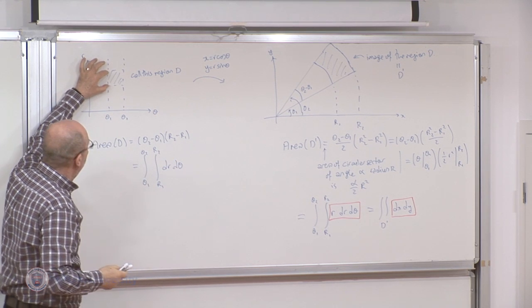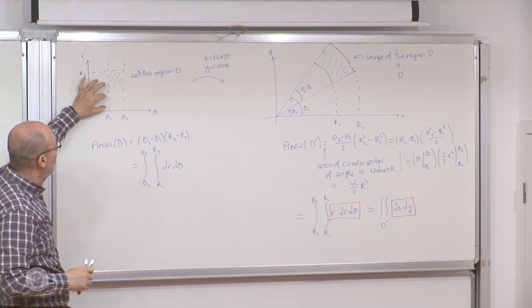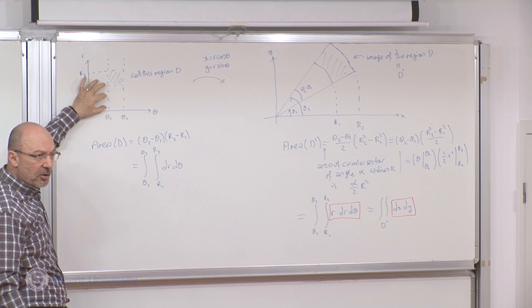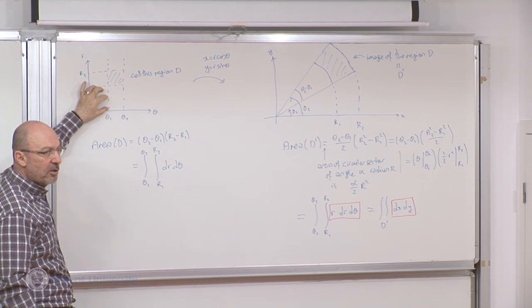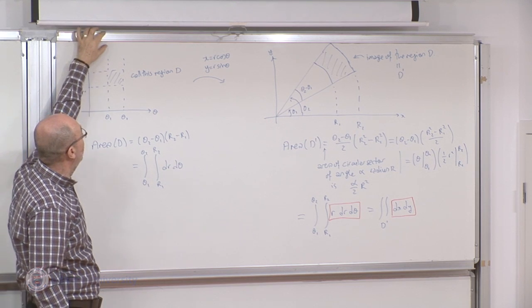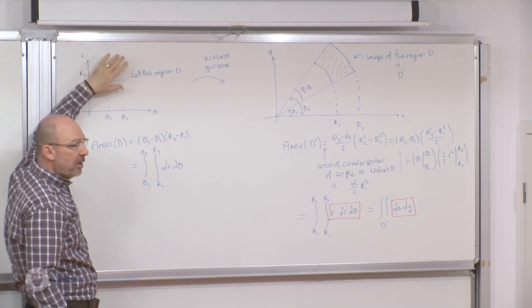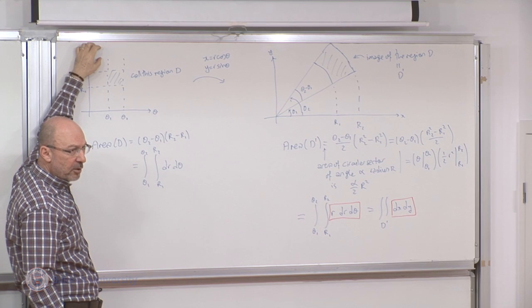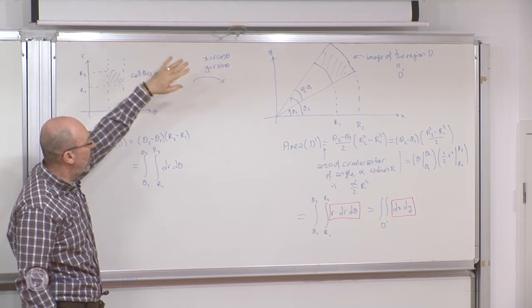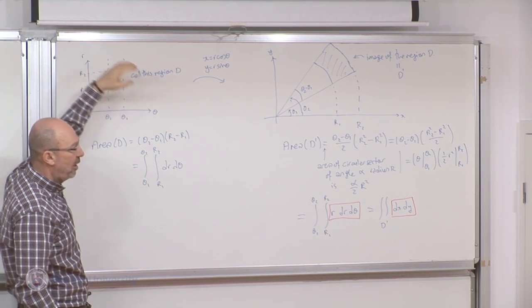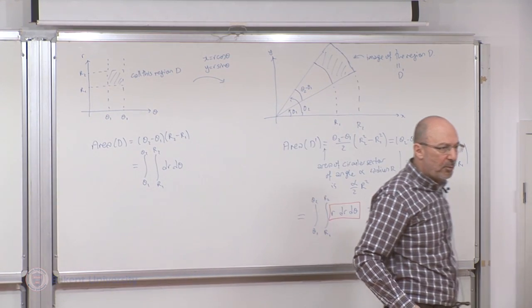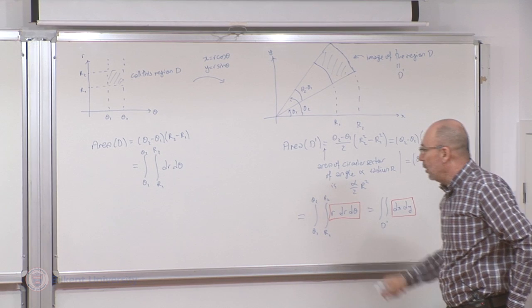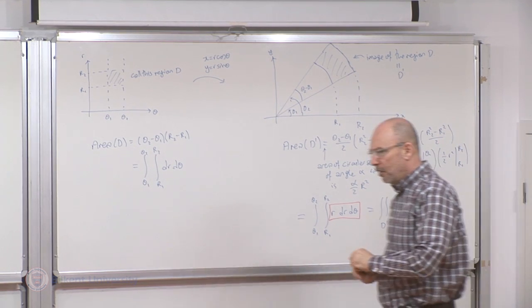If I take this figure here, if I move it down, obviously the area does not change here, but when I send it over here, the image will have a small area. If I move it up again, the area in this coordinate system obviously remains the same, but when you move it over there, since r is large, the area will be enlarged, as we see in this picture. So this correction factor makes sense.